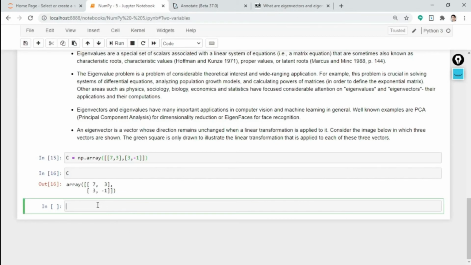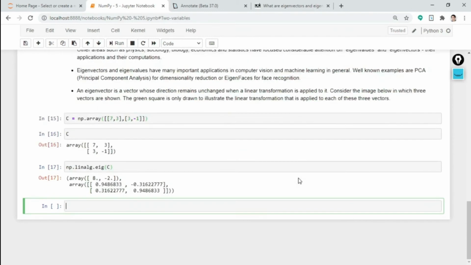Okay, so let's compute for the eigenvector and value. NumPy also has linear algebra. Then you use eig and you pass the specific matrix. I will explain the result. It's computing.